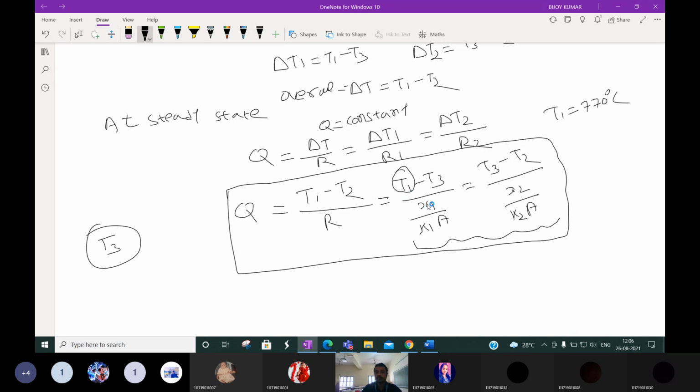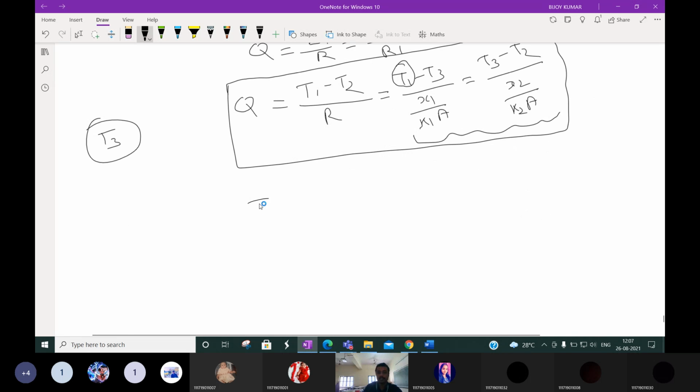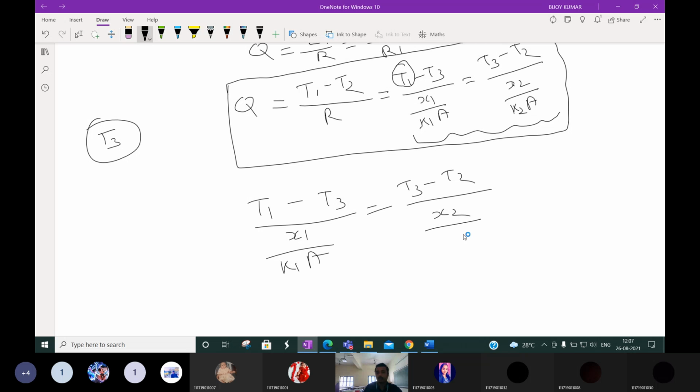We can write T1 minus T3 by X1 by K1 into A equal to T3 minus T2 by X2 by K2 into A. T1 you know 770, T2 you know 77, X1 is 0.115, X2 is 0.230, K1 is 0.4, area is 1, K2 is 4, area is 1.